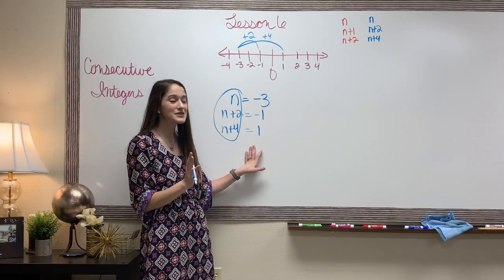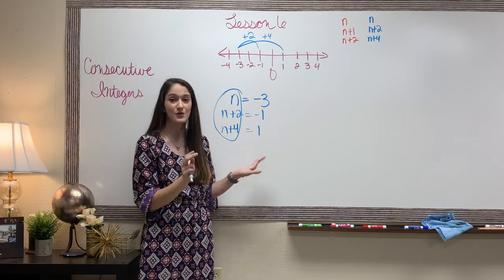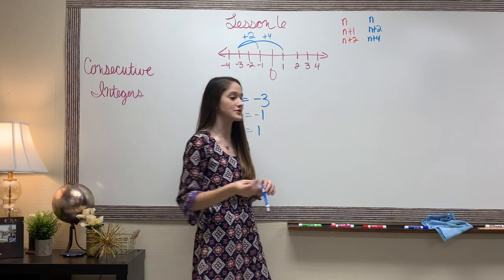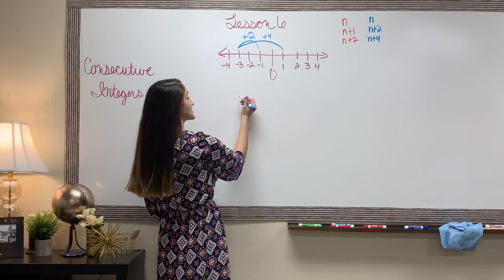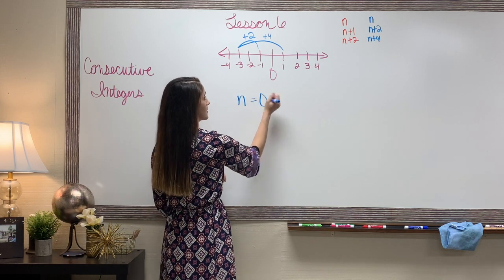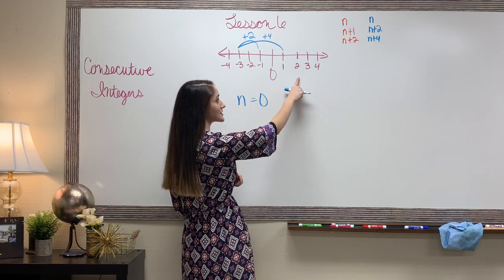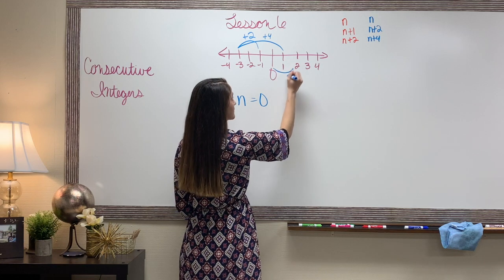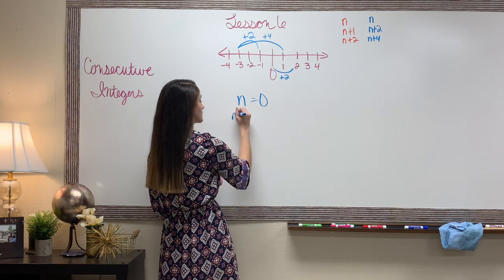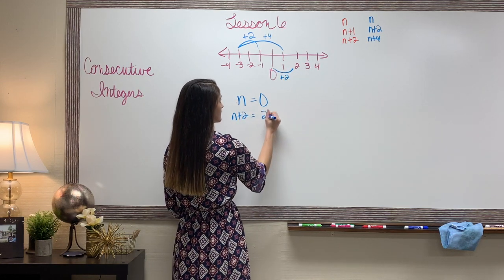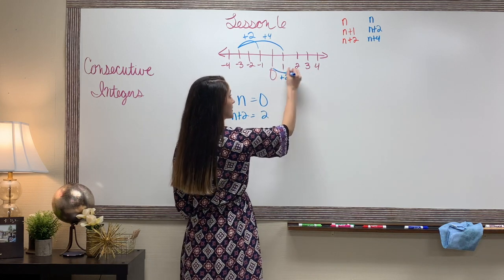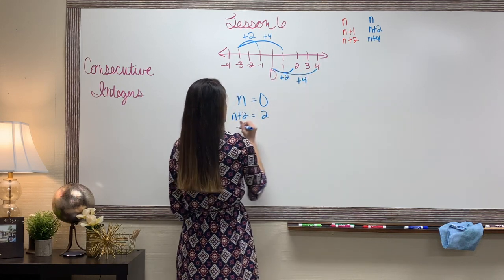But something that I want us to remember is that this also works when we're looking for consecutive even integers. So let's say we are starting with 0. And we want to go to our next consecutive even integer. That is plus 2. And if we want to go to our next one, that is plus 4.